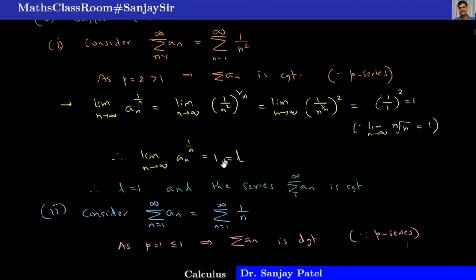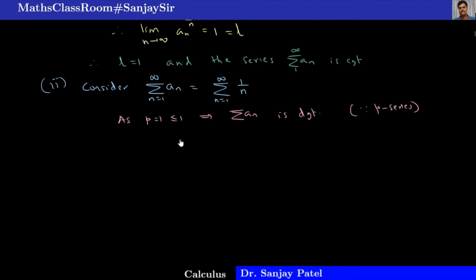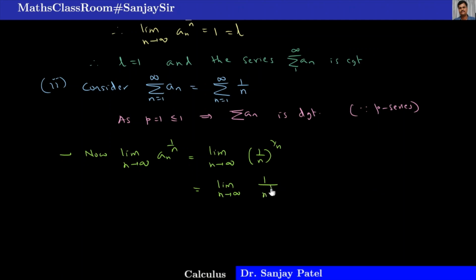What we want to now find is the limit of the nth root of a_n. So the limit as n tends to infinity of a_n raised to 1 upon n is equal to the limit as n tends to infinity of 1 upon n raised to 1 upon n, and that is nothing but 1, because as n tends to infinity, the nth root of n tends to 1.